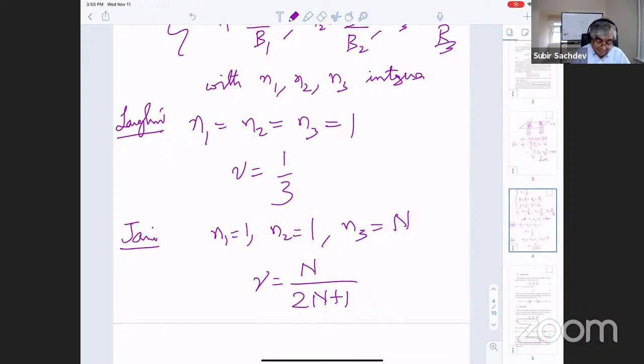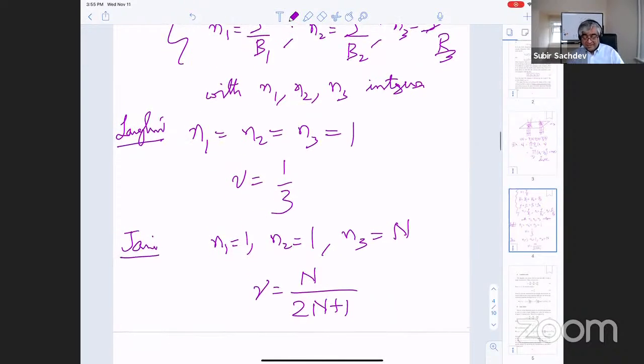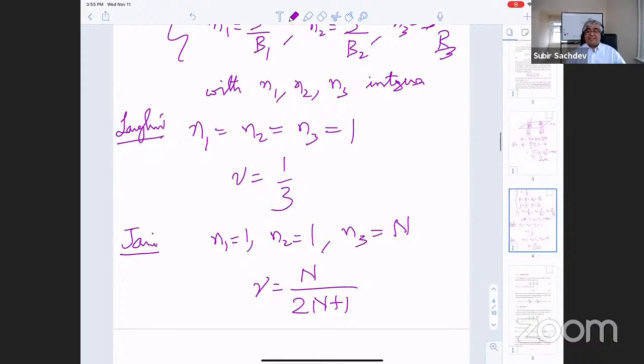In fact, I remember this when I was at Yale in those days, and Jain was a postdoc there. There were all these experiments showing this sequence of fractions, which just happened to be N over 2N plus 1. And there was this very elaborate theory of hierarchy, which famous people were talking about, giving all kinds of fractions, but these particular fractions were nothing special in the original hierarchy formulation.